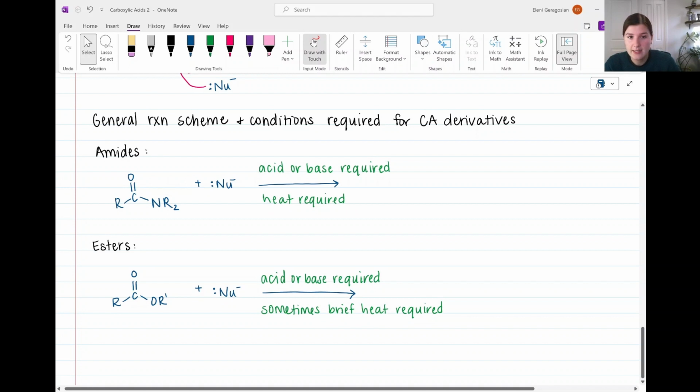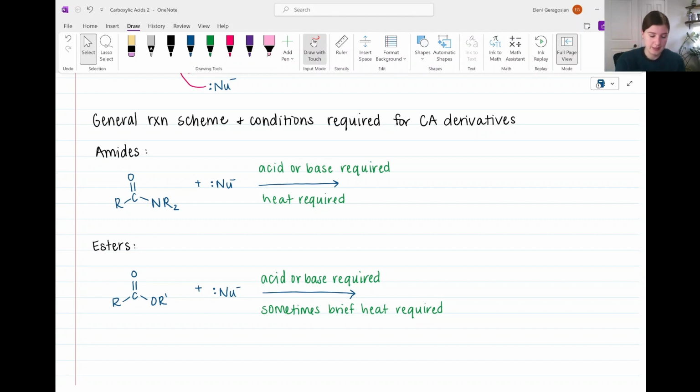So this indicates that esters are slightly more reactive than amides. Amides always require heat. Esters sometimes require heat. So it depends on the ester, but generally esters are more reactive than amides.